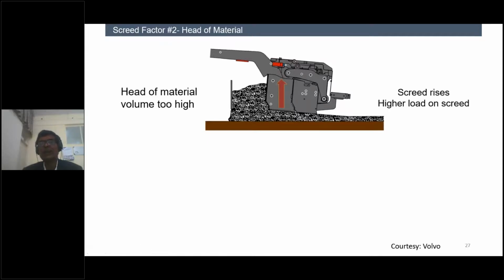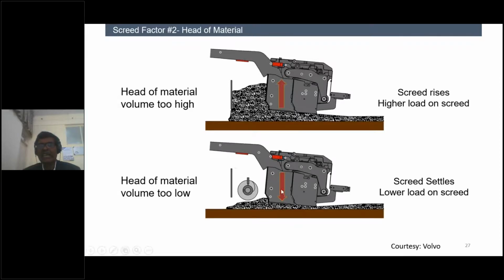If the head is low, you get a thin layer. If the head is very high, the thickness increases. Let's say if more material is drawn and put before the screed, up till here the layer was uniform, and suddenly the thickness rises, resulting in non-uniform thickness.